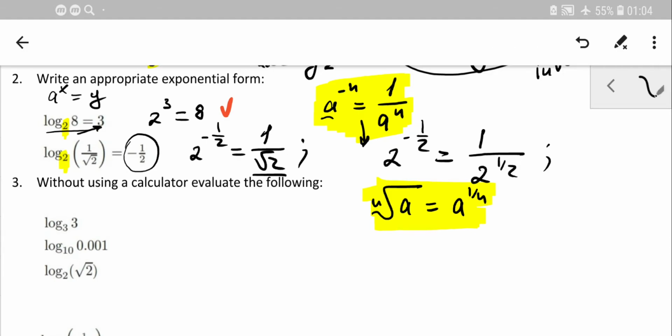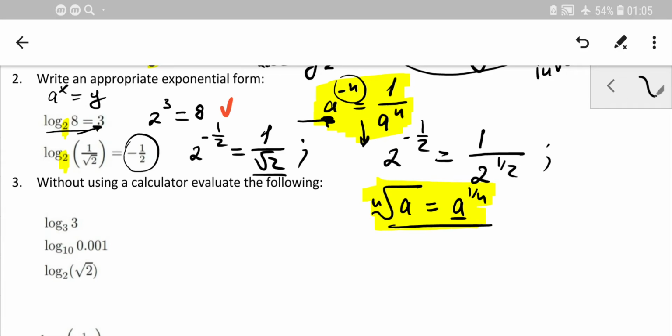These are only two properties, hard to remember, but you need to practice a little bit and you can easily memorize them. So a negative power just flips the whole thing, making your number a fraction. In this case, because it's the nth root, you don't do anything with a, the expression under the root, so a stays a. However, the nth root becomes the fractional power 1 over n.